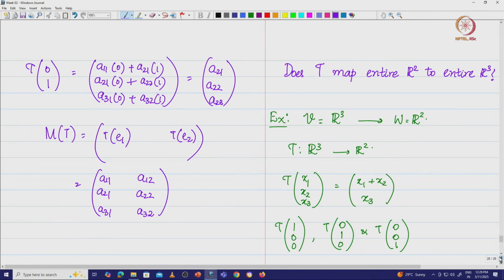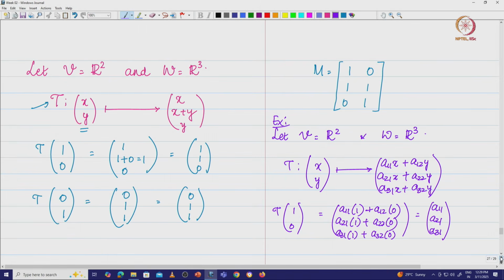So, what is the previous example that we had? We had a transformation T which was going to take vectors in R2 and give me vectors in R3. Now, recall that when you have a 2 dimensional vector space, say for example R2, I just need 2 linearly independent vectors, which would in turn become the basis for R2.